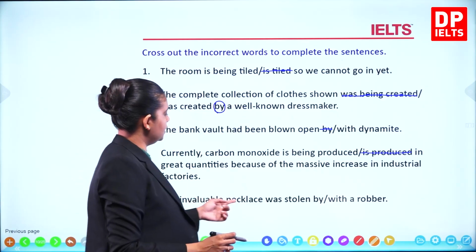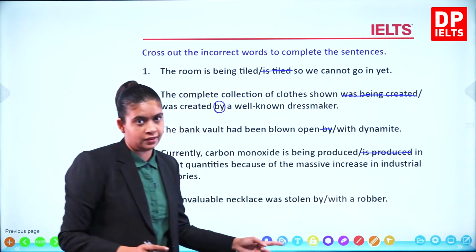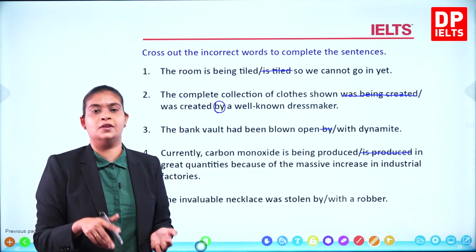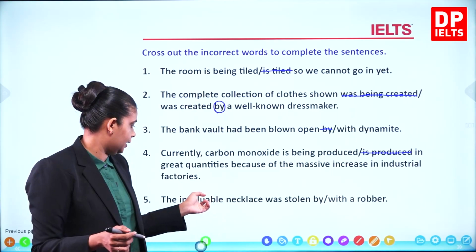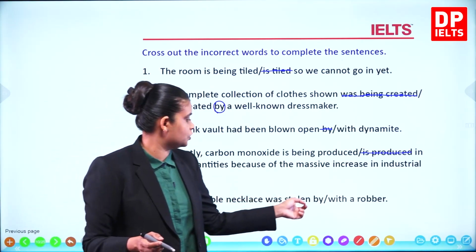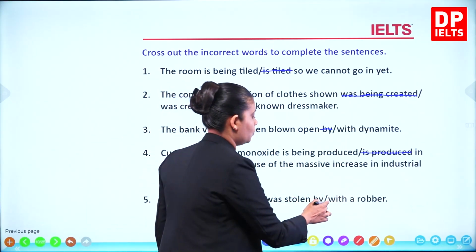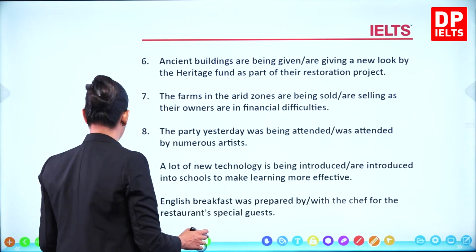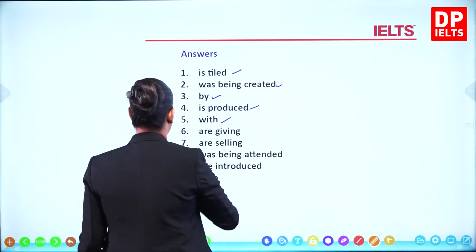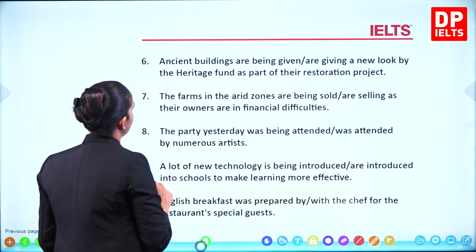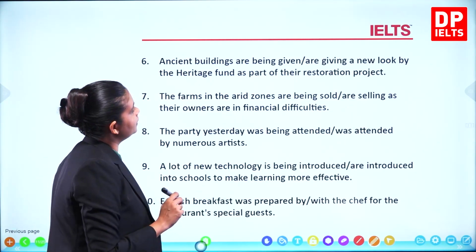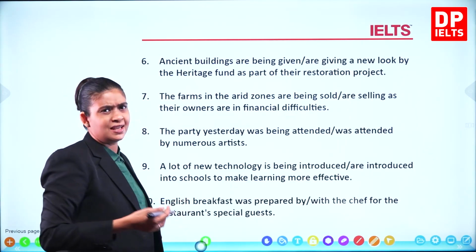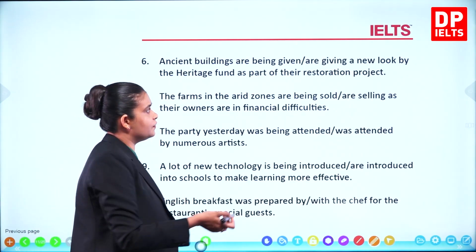Next one. The invaluable necklace was stolen by or with. When you have a person, you don't use with. If it's an instrument, you use with. If it is a person, you use by. So the invaluable necklace was stolen by a robber. So with is incorrect, and that is what you should cross out. There you go. Next one. Ancient buildings are being given or are giving a new look by the Heritage Fund. Is it happening at the moment to say are giving?